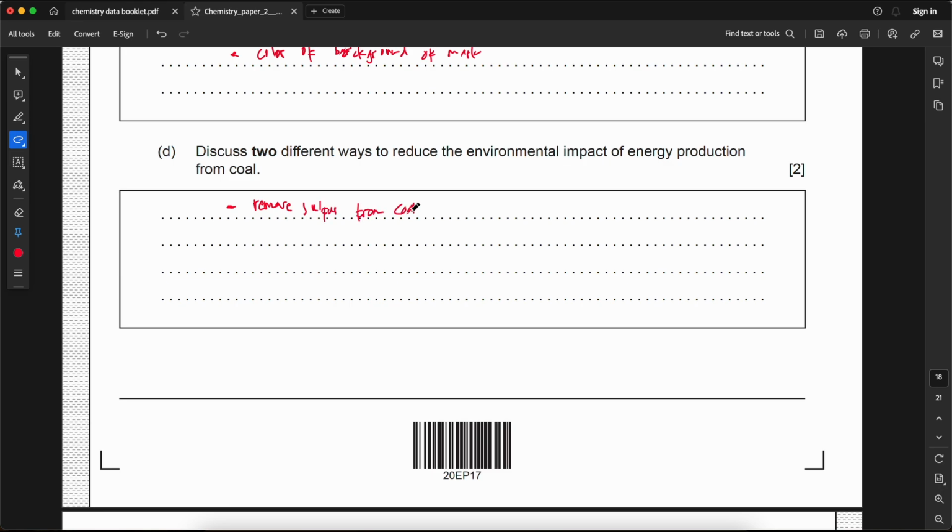This is basically pre-combustion and post-combustion, or add lime during combustion, or reduce the proportion of coal that is used, or not allow sulfur oxide to be released into the environment.